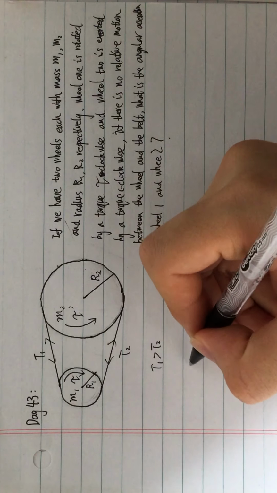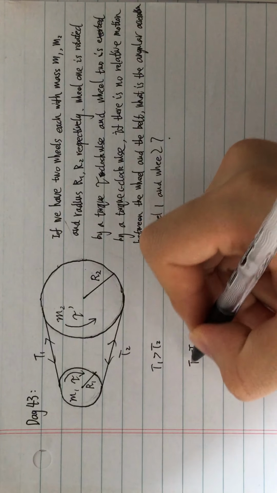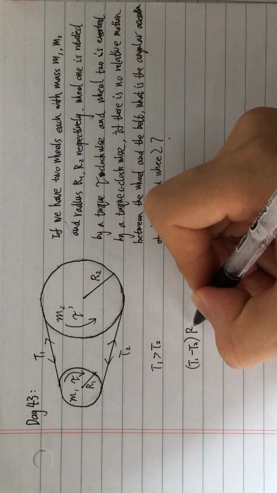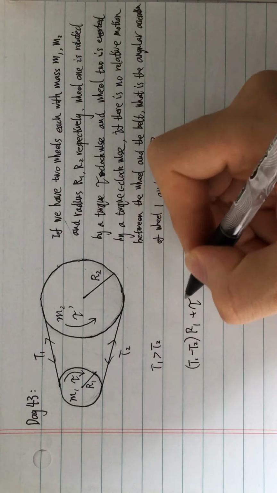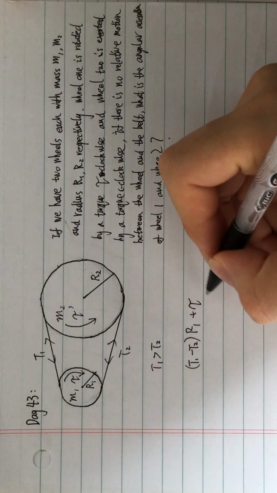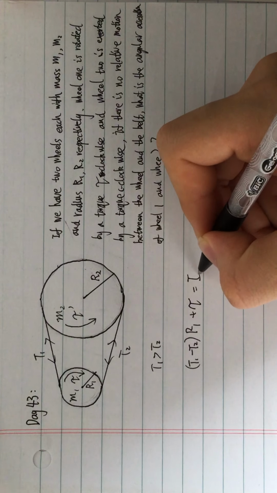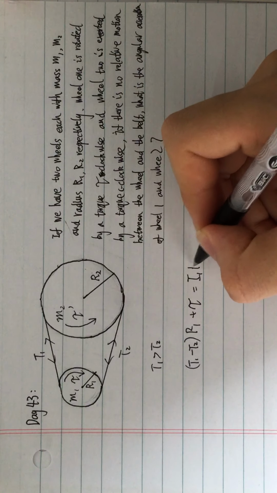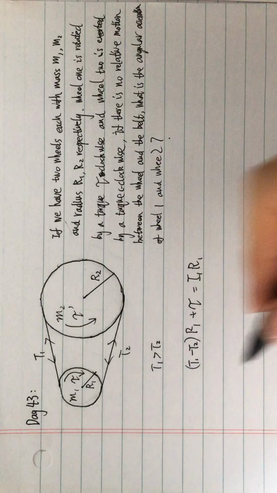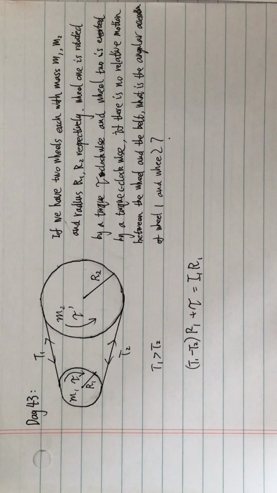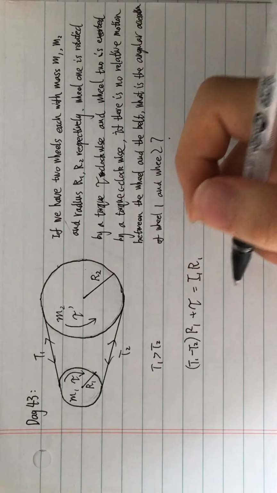So we have (T1 minus T2) times R1 plus the torque, in the clockwise direction, equal to the moment of inertia of the first wheel times its angular acceleration. We equate the torque with the angular acceleration and moment of inertia.